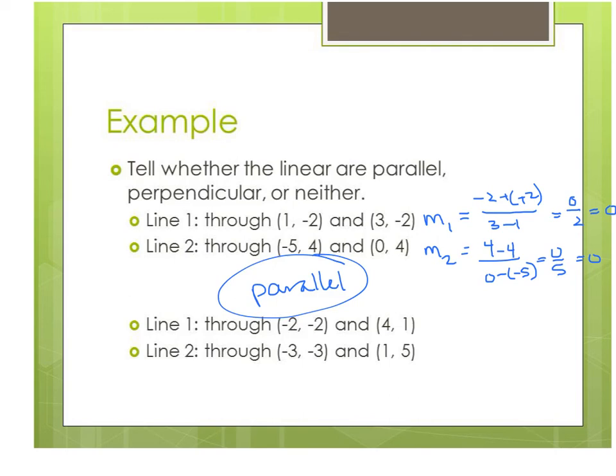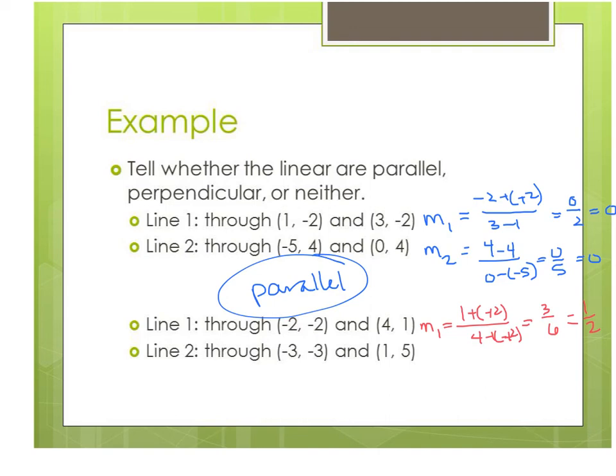And for our other one, slope of 1, we're looking at 1 minus a -2 over 4 minus a -2, 3 over 6, which is a half. Always reduce those.